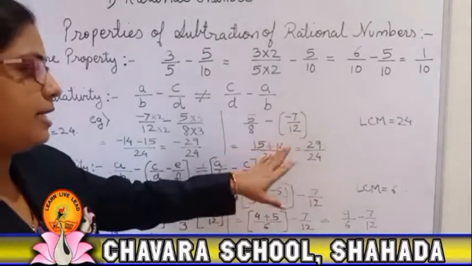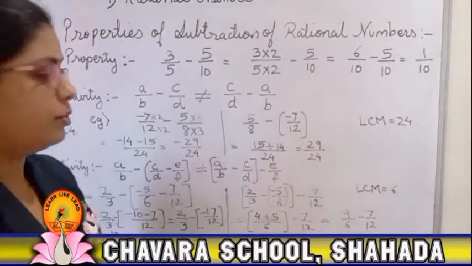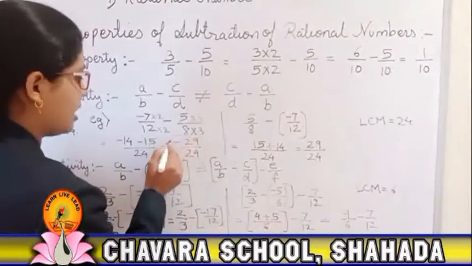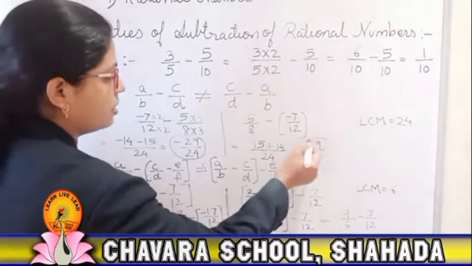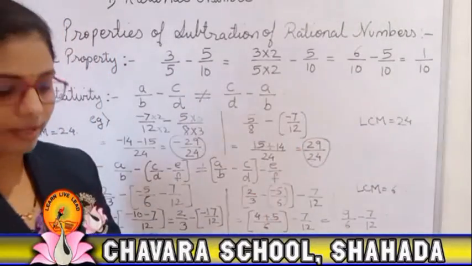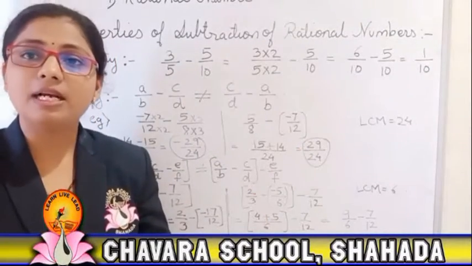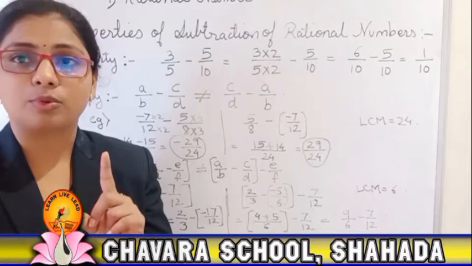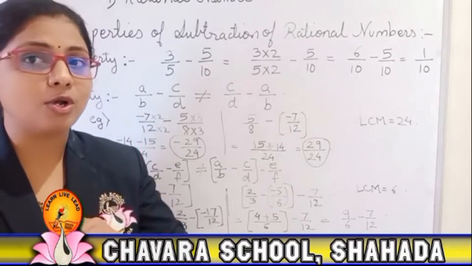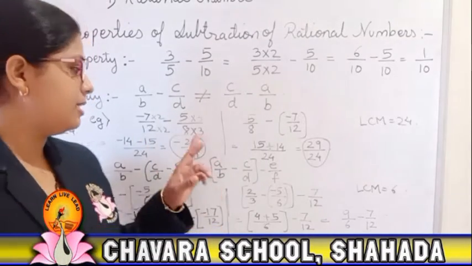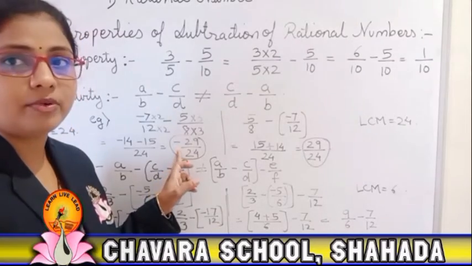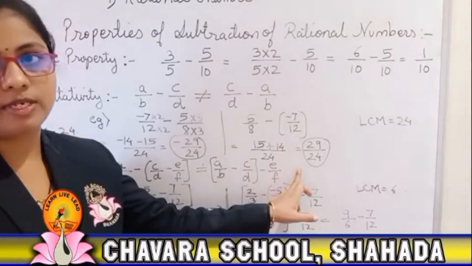When we do the addition, we will get 29 upon 24. Now concentrate on both the answers. You will find them different. You can see the number is the same, but the sign matters more. So the answers are not equal. Here it is negative 29 upon 24. Here it is positive 29 upon 24.